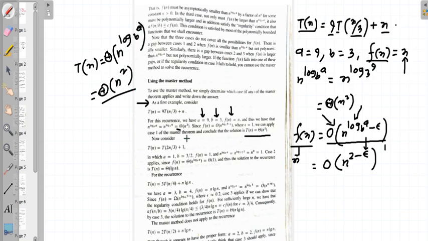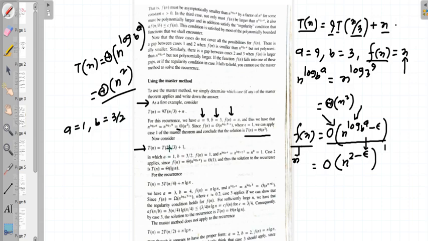Now another example I am taking. T(n) equal to T(2n by 3) plus 1. In this case, a equal to 1, so this is 1 times T(n by 3, sorry, b equals to 3 by 2.